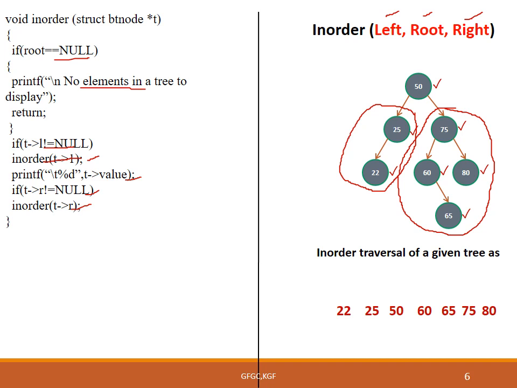If it is not equal to null, it will go to the left hand side of the binary tree and traverse in order. After traversing in order, it will print the values to the left of the binary tree, then the root value, and if the right is not equal to null, it will traverse the right sub binary tree also in order and print the values.